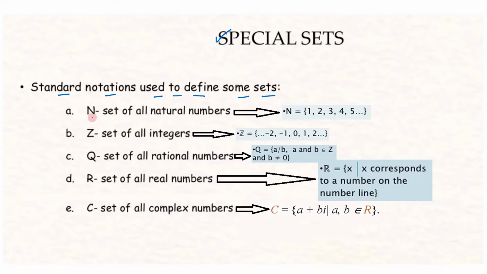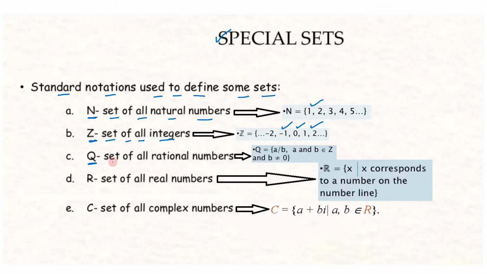So we have capital letter N, which is used to represent the set of all natural numbers. We know natural numbers start from 1 and go up to infinity. Similarly, we'll use capital letter Z to represent the set of all integers. So we'll be having negative numbers, positive numbers and 0 as well.